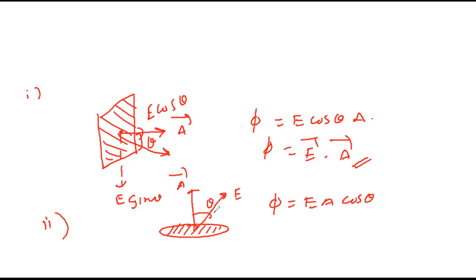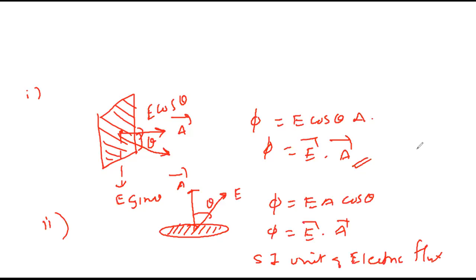So flux is E bar dot A bar. What is the SI unit of electric flux then? E is Newton per Coulomb, area is meter square. So Newton per Coulomb meter square. This is the SI unit.